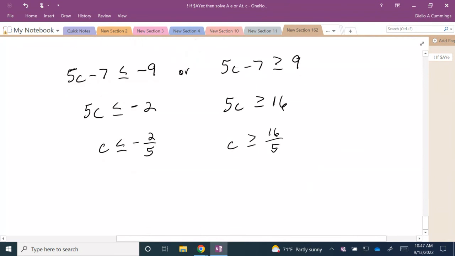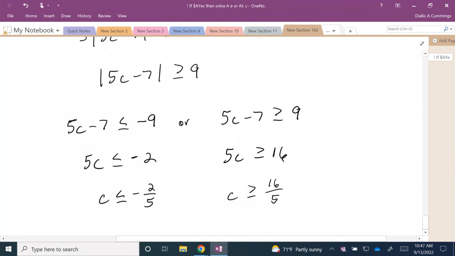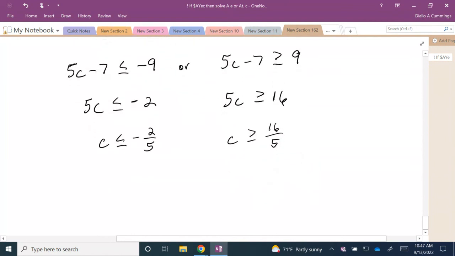So when we write out our interval notation, keep in mind that we had the greater than or equal to, so we will be using a union symbol. I'm going to write this out as the half open interval from negative infinity to negative 2/5.